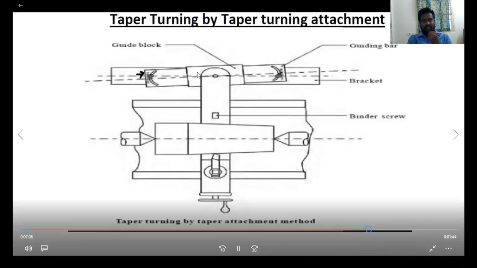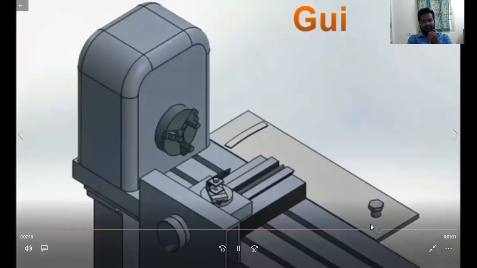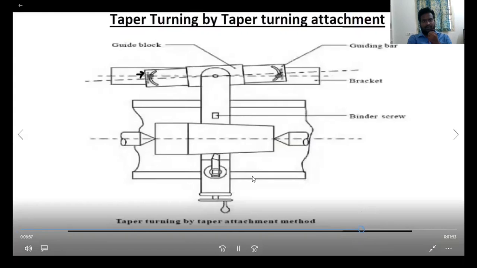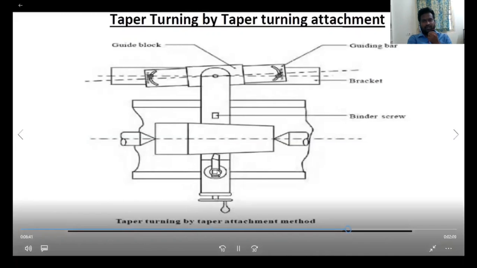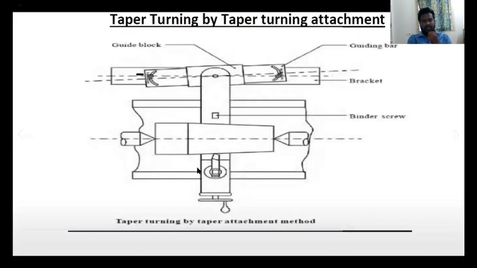What is the desired angle we need? We swivel this guide bar on this guide block, right? So after swiveling, we are moving our cutting tool in the parallel direction only.